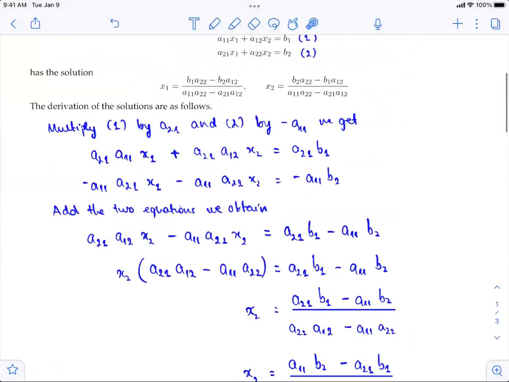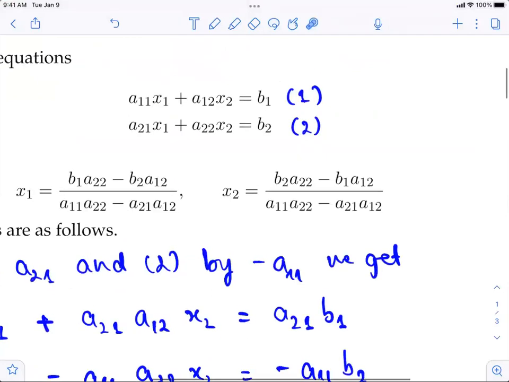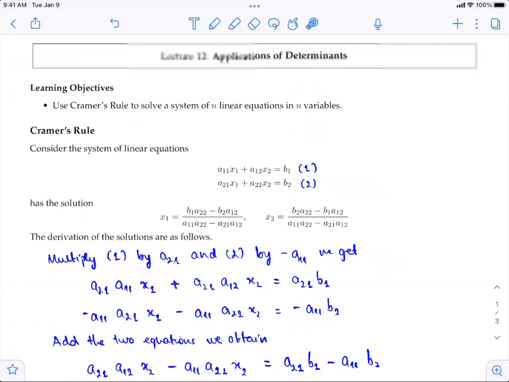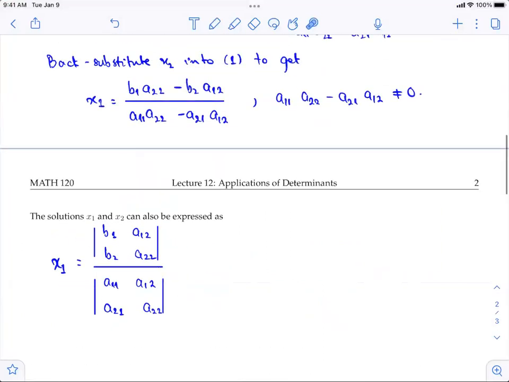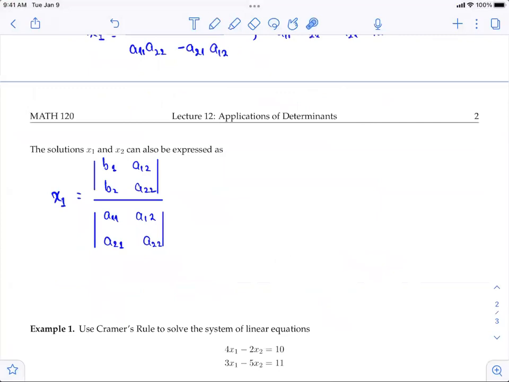So the coefficient matrix is A11, A12, A21, and A22, and what we got in the denominator here is the determinant of that coefficient matrix. There's a reason why we want to write the solution in this way, so that we can obtain something useful in terms of calculating the determinant to obtain the solution of the system.